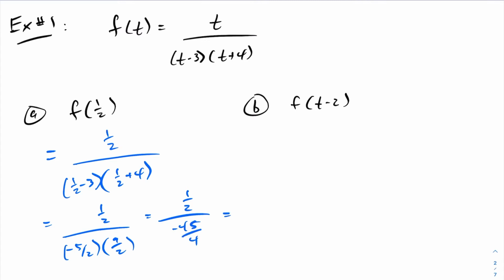And whenever you are dividing fraction by fraction, as you guys know, we change that to multiplication, so this becomes 1/2 times 4 over negative 45, and flipping, and this becomes negative 2 over 45.